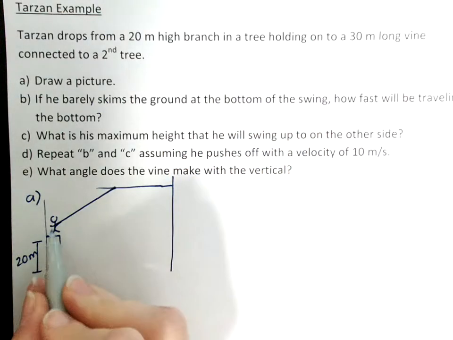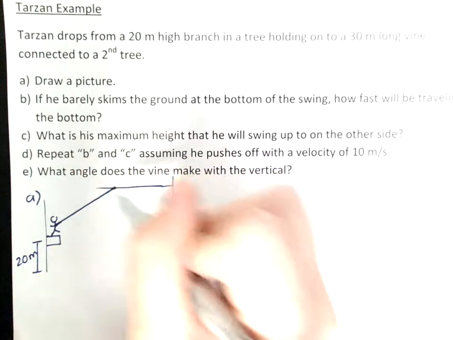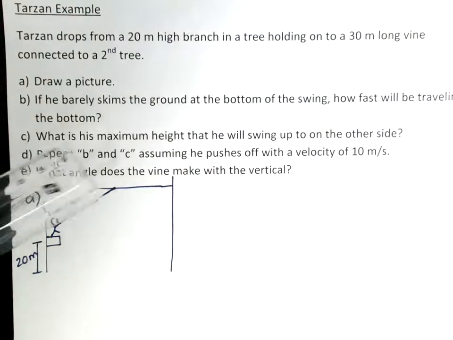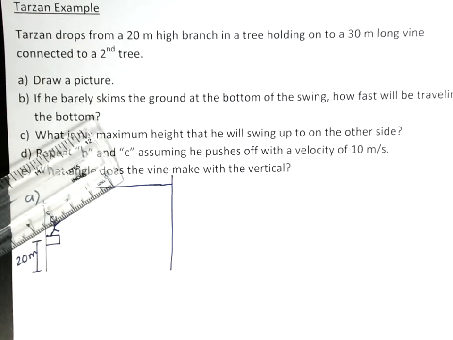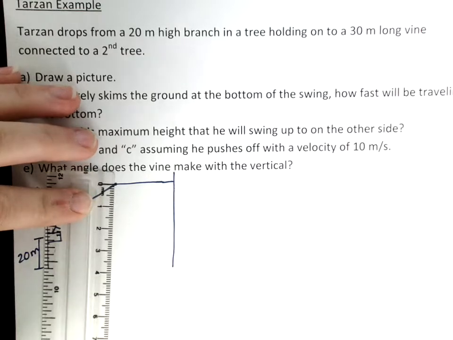So when he swings down on the vine, you're going to notice that this length right here is going to stay the same. So I'm just going to use a ruler to measure out how long that is, just so I can keep it consistent, so the picture kind of looks right. It's about 3 centimeters long, which means at the very bottom it's going to be about 3 centimeters long also.